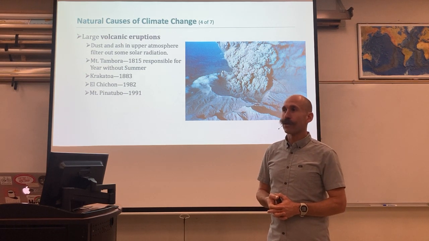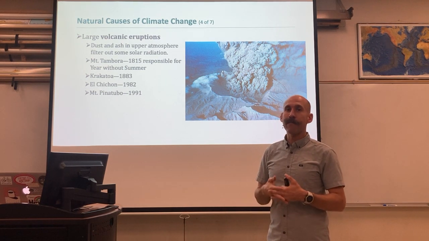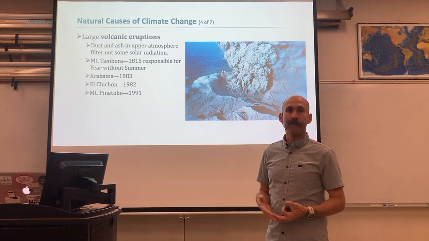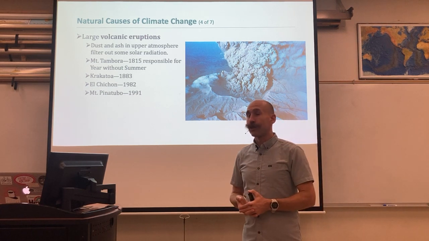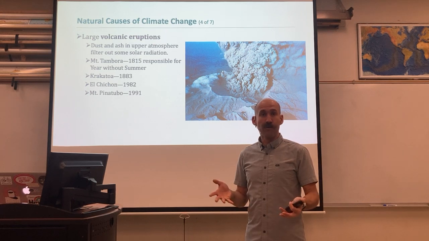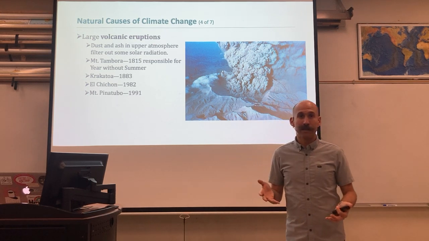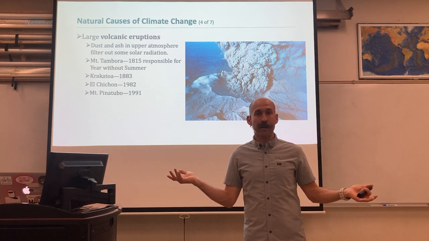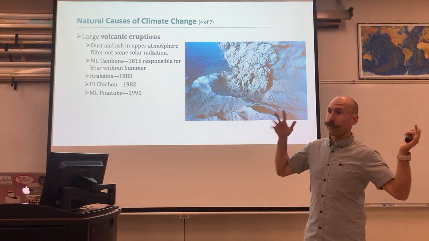And there's also the giant impact crater in the Yucatan Peninsula in Mexico that shows there's a huge asteroid impact, sent a layer of iridium all over the Earth, blocked out the sun for who knows how many years.